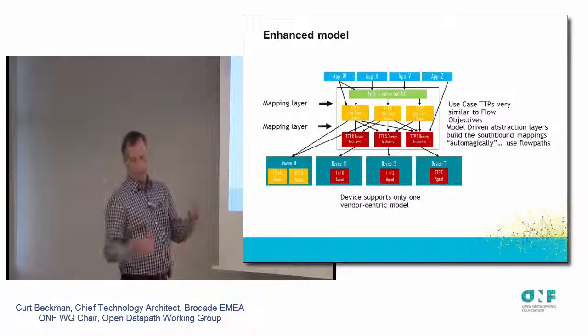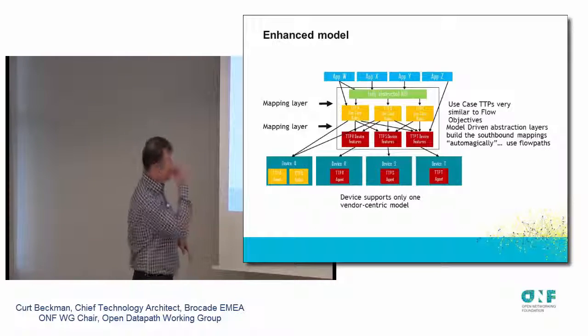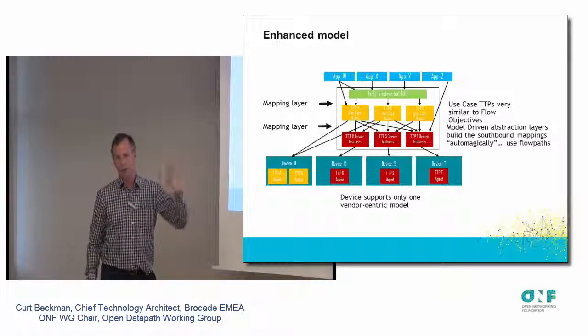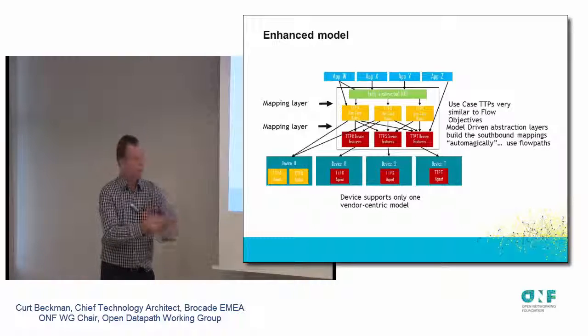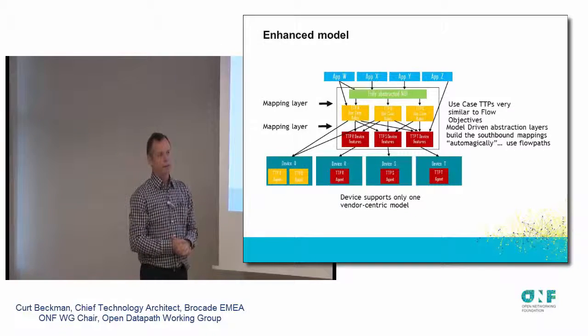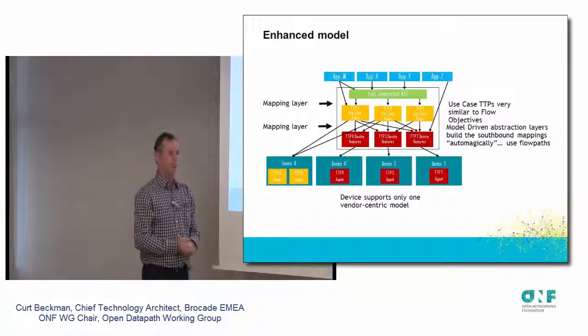We work backwards because we were told to work backwards. Originally, going back 4 years ago, we were saying we could create a new language, we could describe pipelines, we could be very powerful. And they said, it has to work with OpenFlow. All right, so we went the other way.